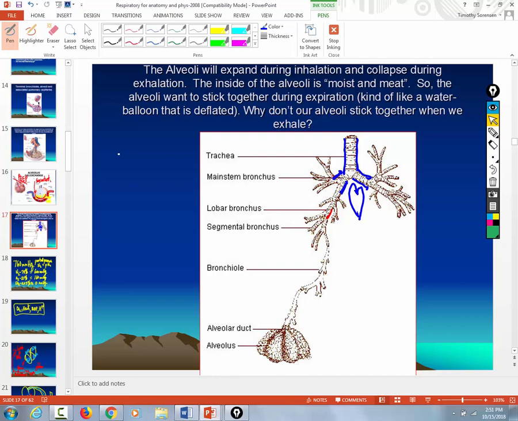Then, watch, main stem bronchus. You with me? And then they're going to branch into what are called lobar bronchi. So here are lobar bronchi. And each lobar bronchus supplies a lobe of the lung.